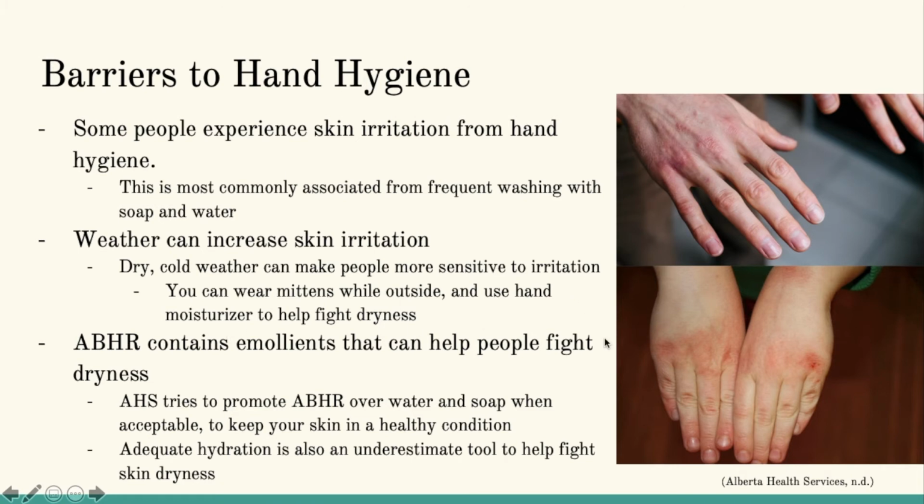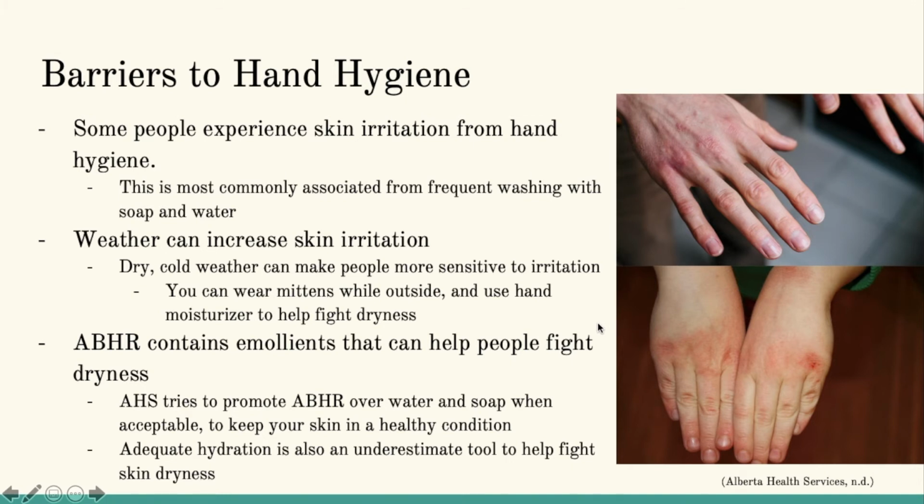So to fight this, when you're outside, try to wear mittens and use hand moisturizer. Even in the summertime, just use hand moisturizer all the time. We wash our hands so much that it'll help a lot to keep our skin healthy. And the mittens will just keep your hands moist.